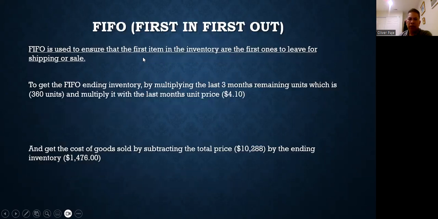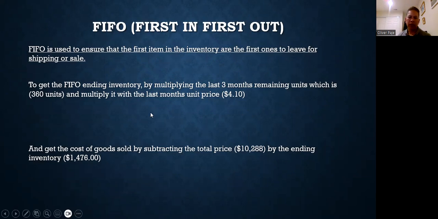For FIFO, first in, first out, the rationale is to ensure that the first items in the inventory are the first to leave for shipping or for sale. So the first one that came in should be the first one to leave. That's the reason why they use the FIFO method.